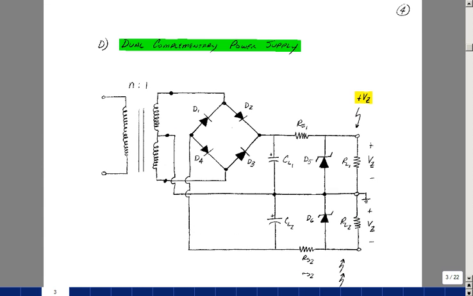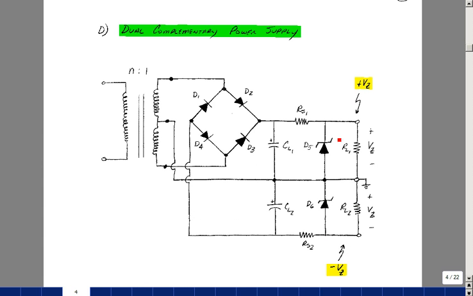If you think of this last design as having a load, a Zener diode, a series resistance, and a capacitor, but now doubling everything, having two of the same components. Previously we had the ground over here.